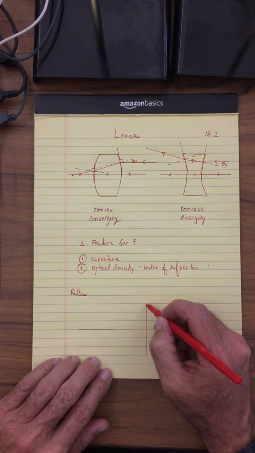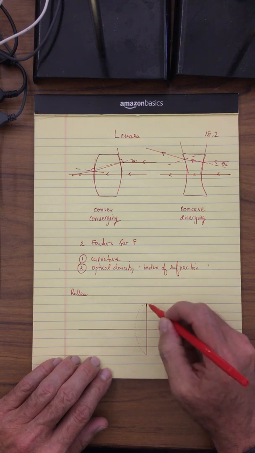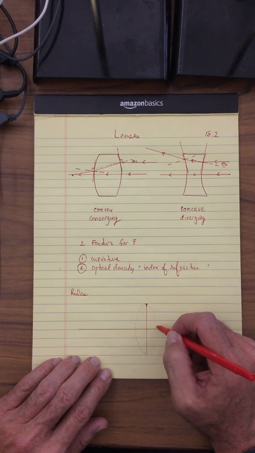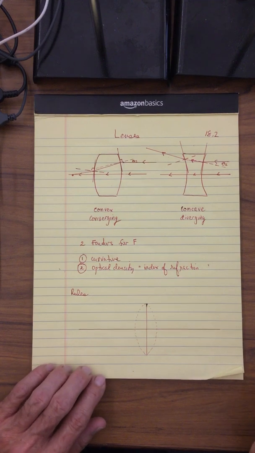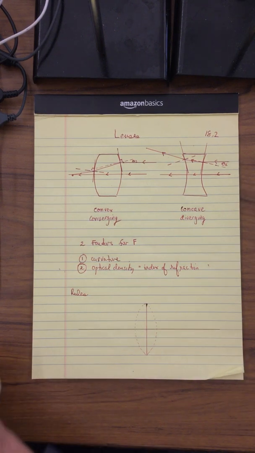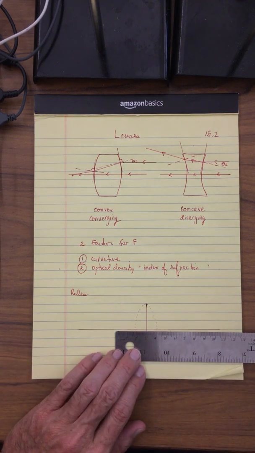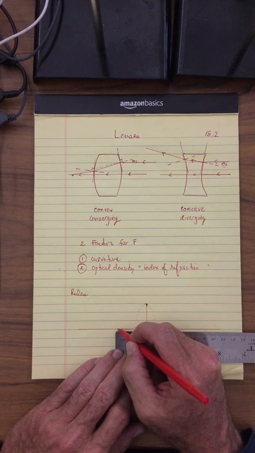Okay, now you can draw this lens, and this is going to be a convex lens, like this one right here. So we're going to be expecting the light rays to converge. So let's go ahead and put the focal point about 3 centimeters away.